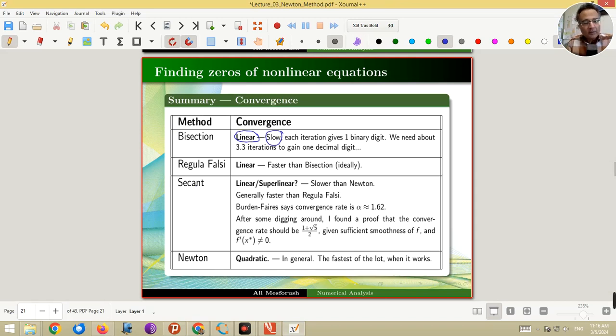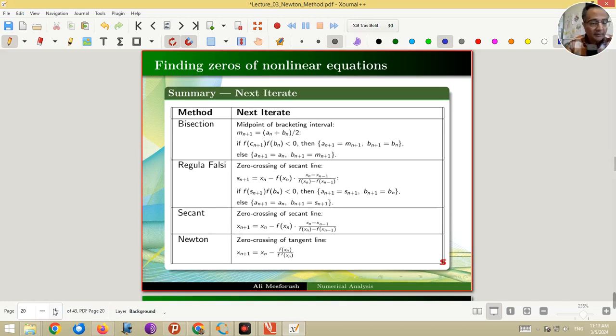But the secant method is slower than Newton, but faster than maybe fixed point. And Newton method is in fact quadratic. I will talk about quadratic, linear, and semi-linear convergence later. This is the fastest method for convergence.